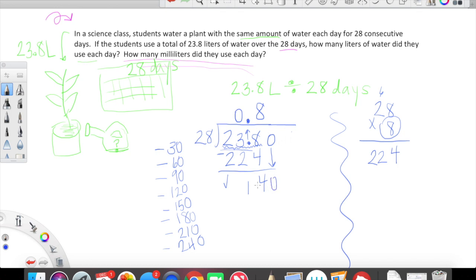Now we're looking at 140 spread evenly into groups of 28. Keep in mind, friends, this is not 140 ones. What we're looking at now is actually 140 hundredths, because we just documented that there's 0 hundredths. Drop that down. So now what we're really thinking about is 140 hundredths spread evenly across 28 groups.